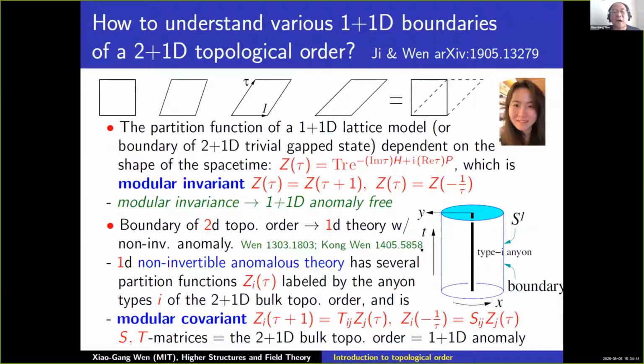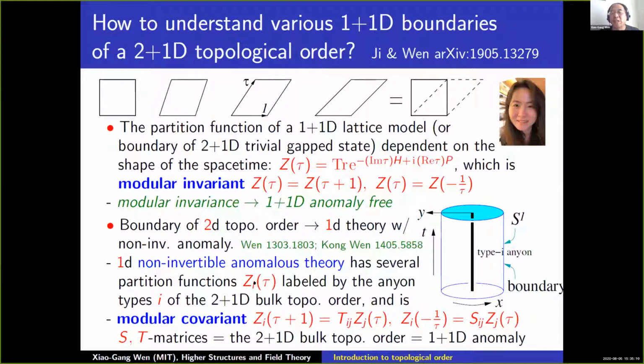However, when you have a 2D topological order and consider its gapless boundary, if the boundary of the 2D topological order is described by a conformal field theory, then this conformal field theory will be anomalous. This anomalous conformal field theory actually has multiple partition functions. It does not have a single partition function. The partition function has many components.